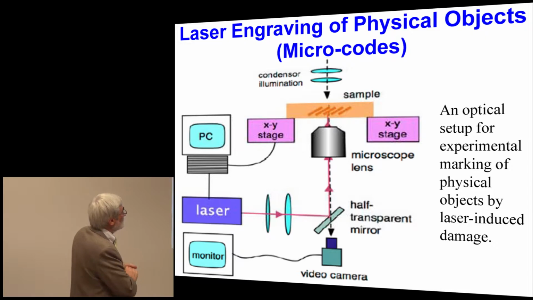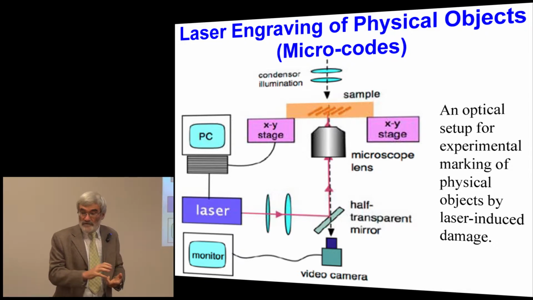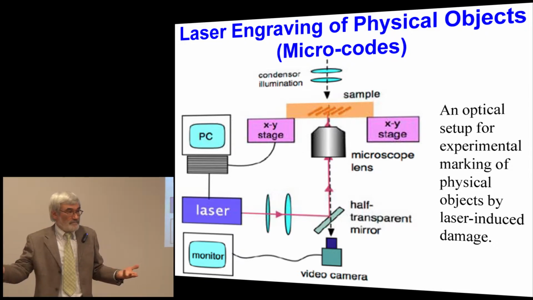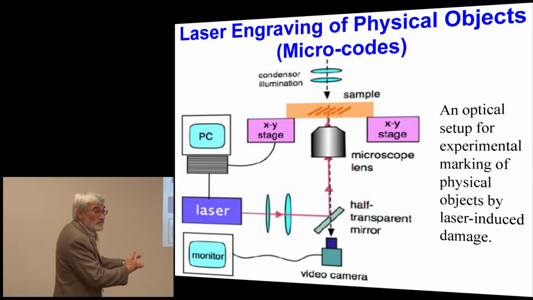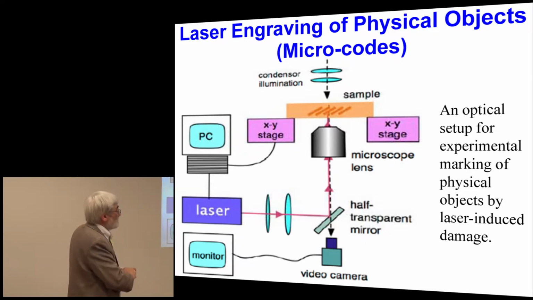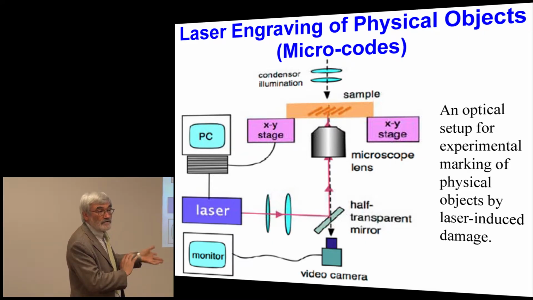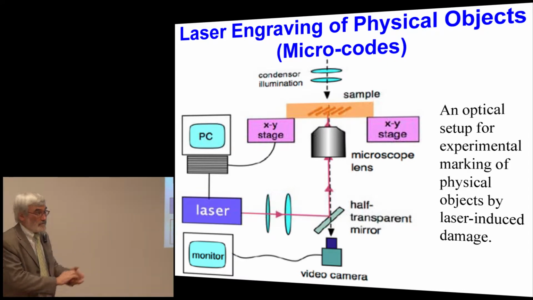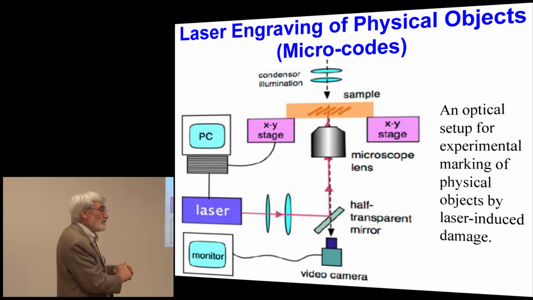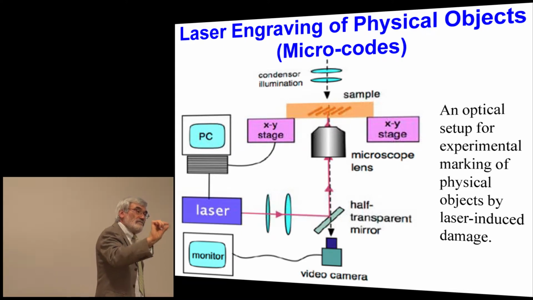It turns out that most of the objects we deal with look non-transparent, but if you change the spectrum a little bit, so go to infrared or ultraviolet, depending on the material, they suddenly become semi-transparent, so you can see a little bit in depth.